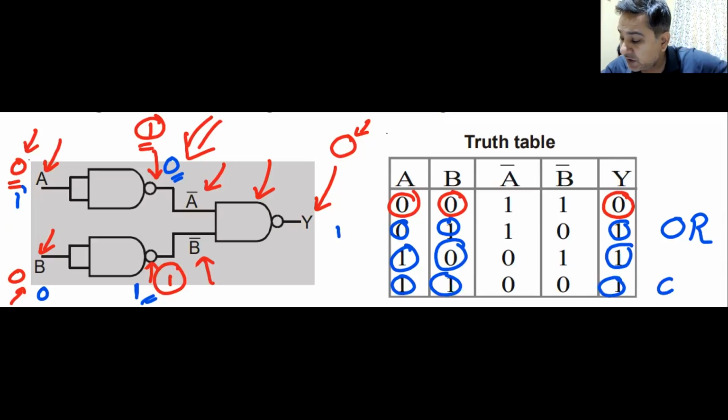So this becomes an OR gate. They will not ask you to convert an OR gate into a NAND gate or a NAND gate into an OR gate. What they will ask you is the symbol and the answer of this truth table. Do you understand this? Yes, sir. I'll give you a minute to note it down.